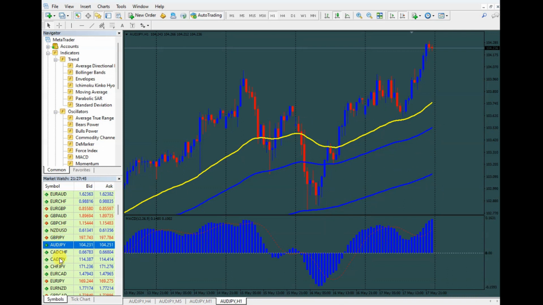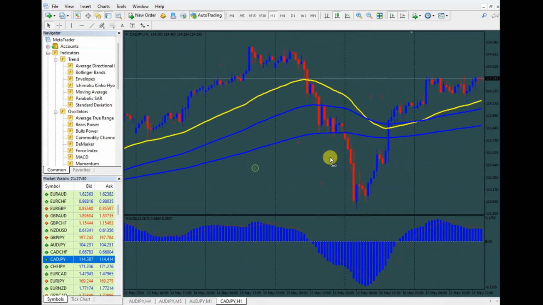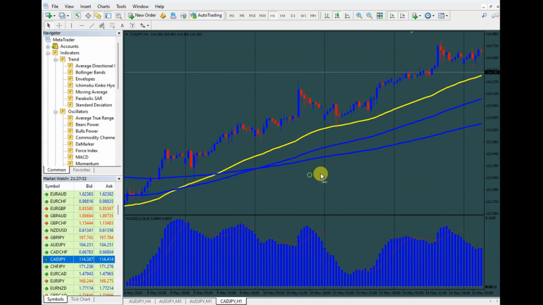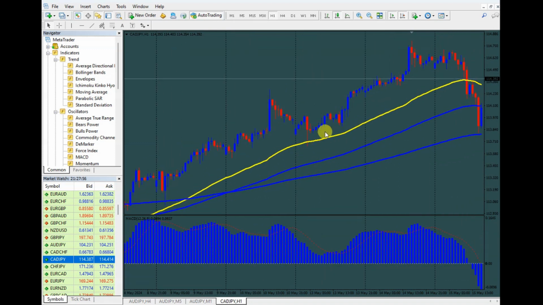You can check some other currency pairs to see where you have a good signal. At this point here in CAD JPY, we have a good signal, and this here is our stop loss.